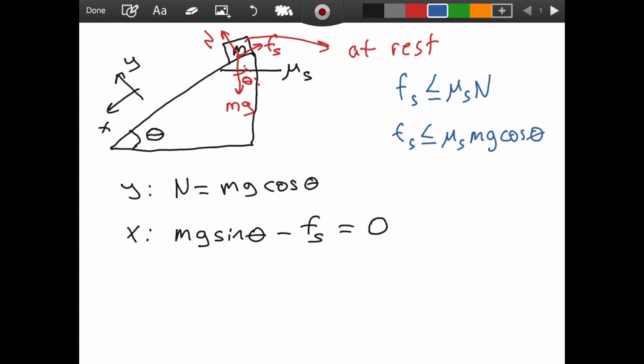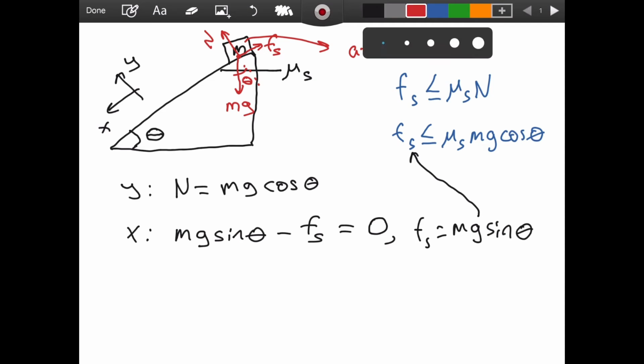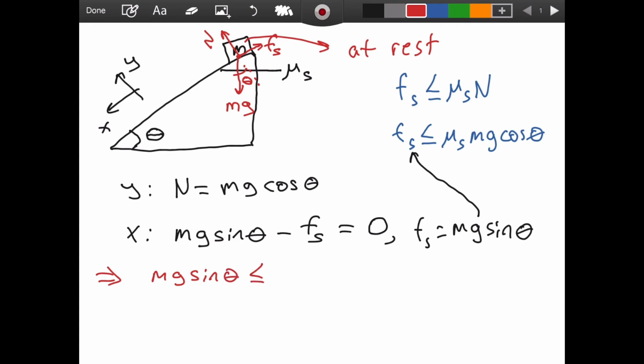And if we solve the force equation for the x direction, we can see that Fs is equal to mg sine of theta. Now we will substitute this into our inequality. So we have mg sine of theta is less than or equal to mu s mg cosine of theta.